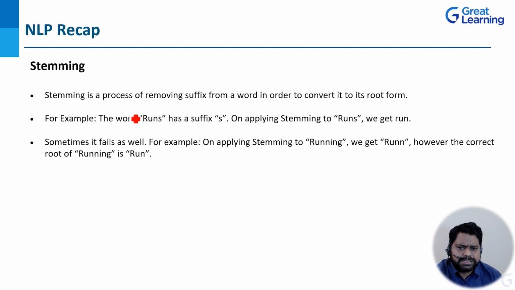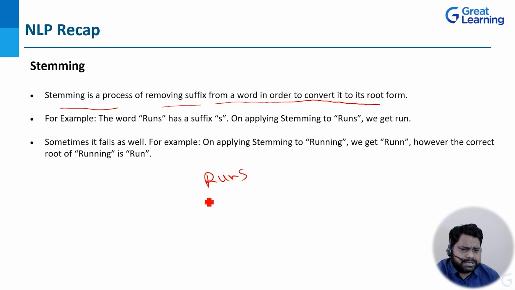So what is stemming? Stemming is a process of removing a suffix from a word to convert it to its root form. For example, let's say you are writing "runs".